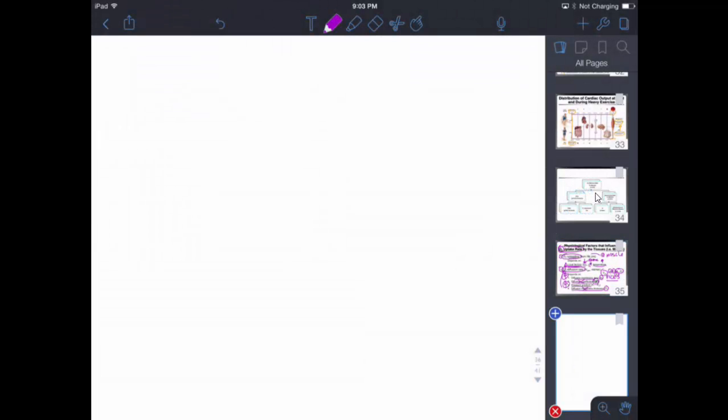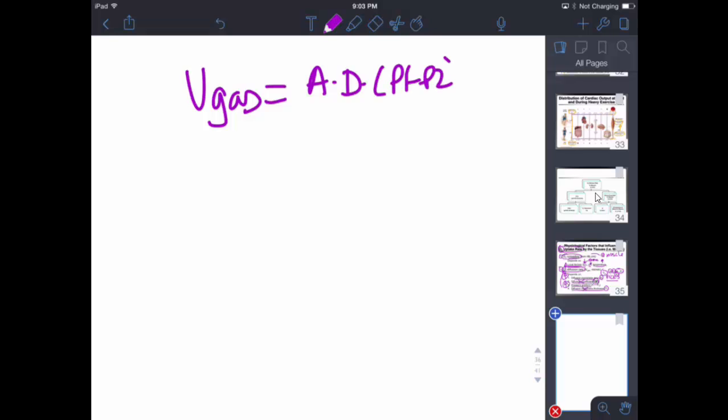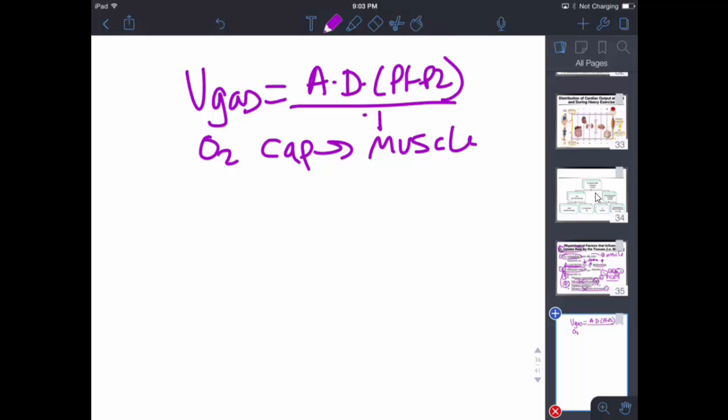All right, so I said during exercise, and we're talking here about oxygen diffusion from the capillary into the muscle. Okay. And the two that do change during exercise are the diffusion area and the diffusion pressure gradient.